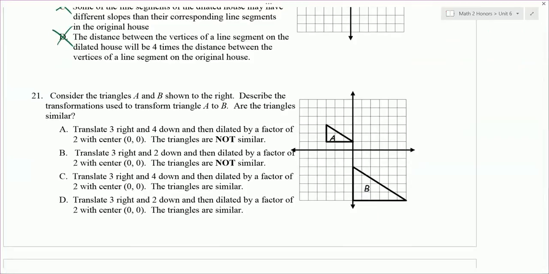21. Triangles A and B are shown to the right. Describe the transformations used to transform A to B. And are the triangles similar? Well, first let's tackle the similar part. I think we can agree that these are right triangles.